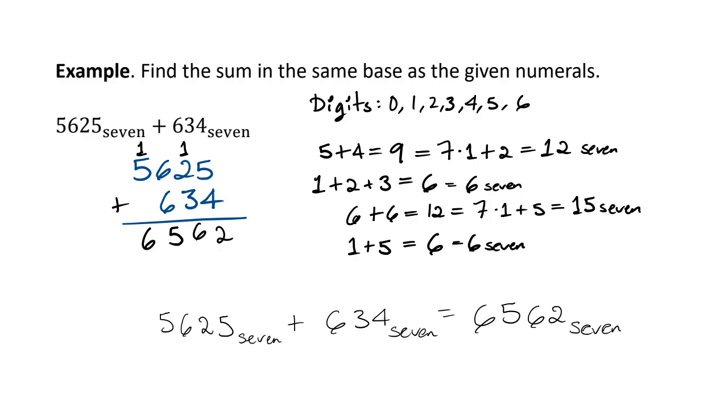So 5625 in base 7 plus 634 in base 7 equals 6562 in base 7. Again, I don't call them 5600 because they don't represent those numbers when you change it into regular base. They're actually smaller. Okay, let's move on to another example.